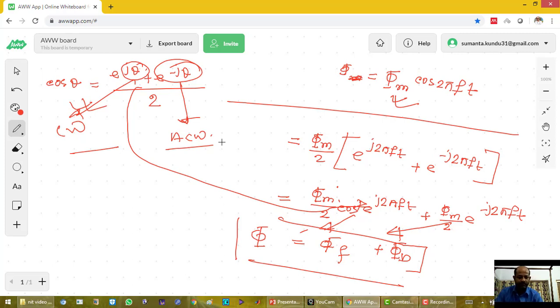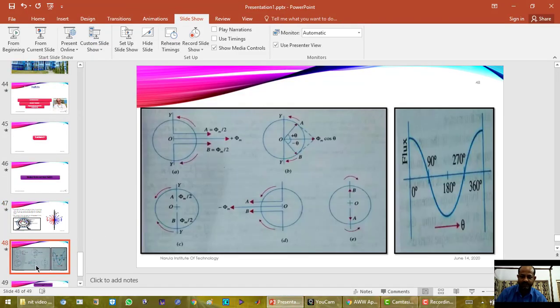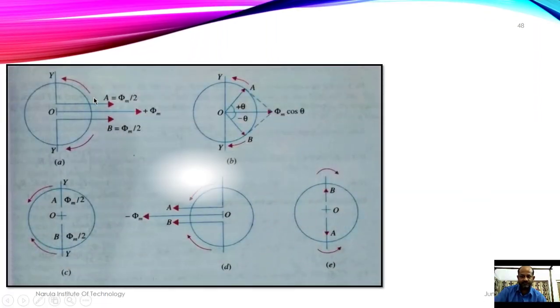Now if we take different instances of time of these two differently rotating magnetic fields, one in clockwise direction and another in anti-clockwise direction, we will see basically a pulsating field is produced, which is a combination of these two fields, right?